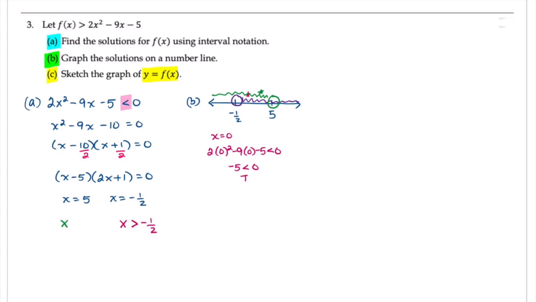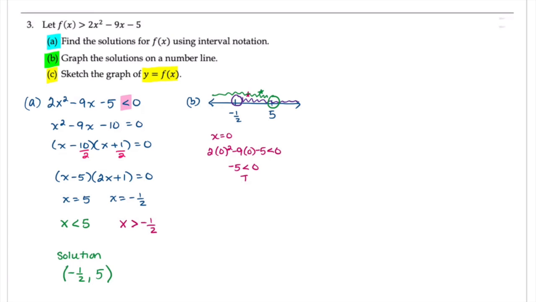X must be less than 5. So my solution using interval notation starts at -1/2, not including -1/2, and goes to 5 and does not include that value as well. All right, so we are done with part A, done with part B.